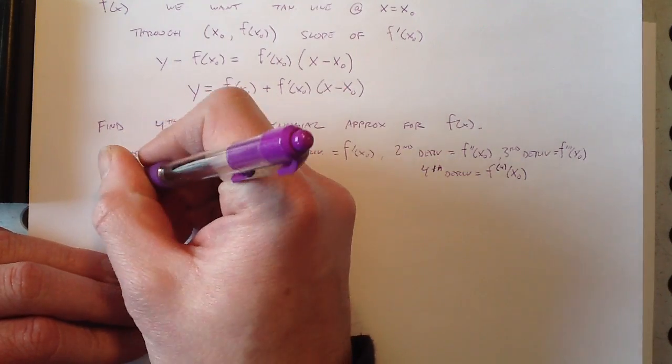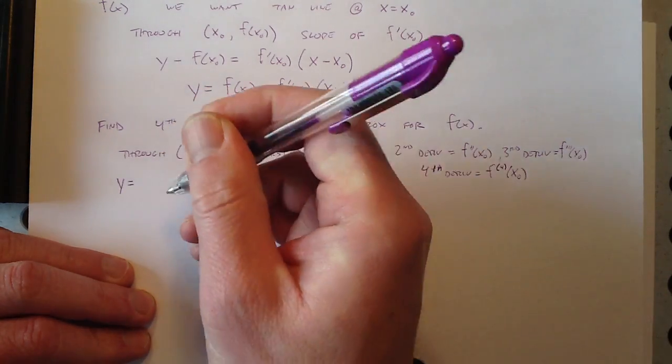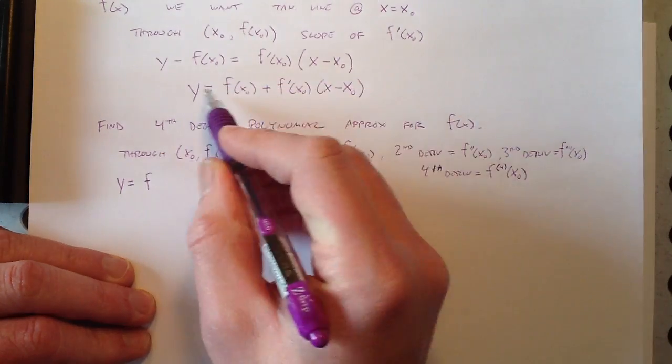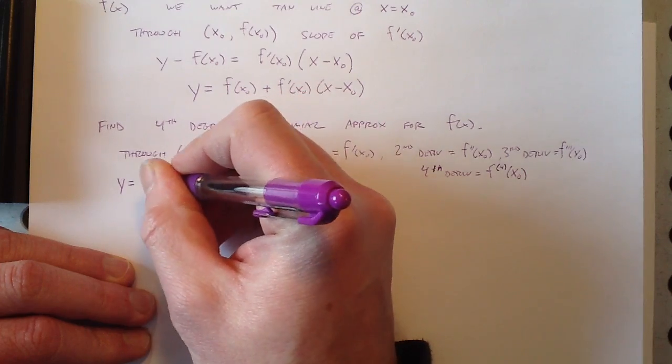Now, for reasons that I hope are fairly clear, it's going to look like a tangent line to start with. Actually, let me start like this.